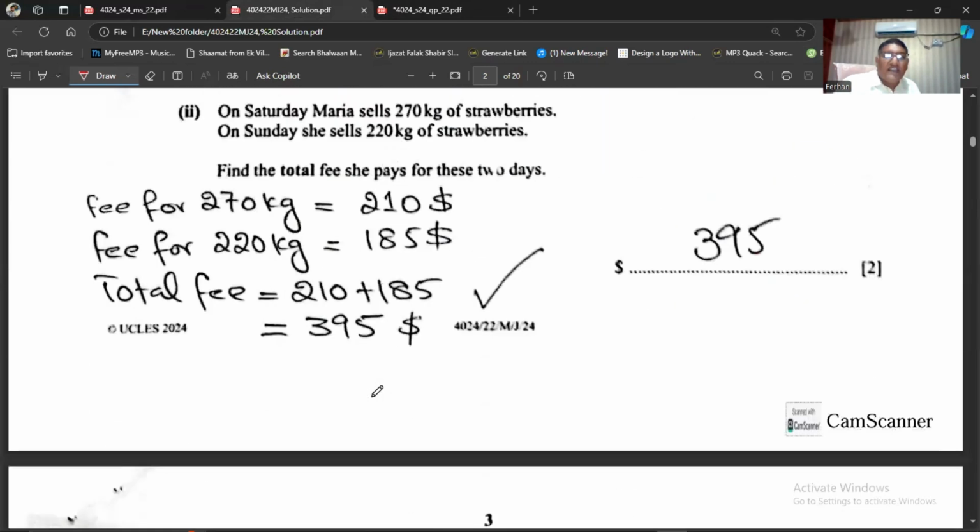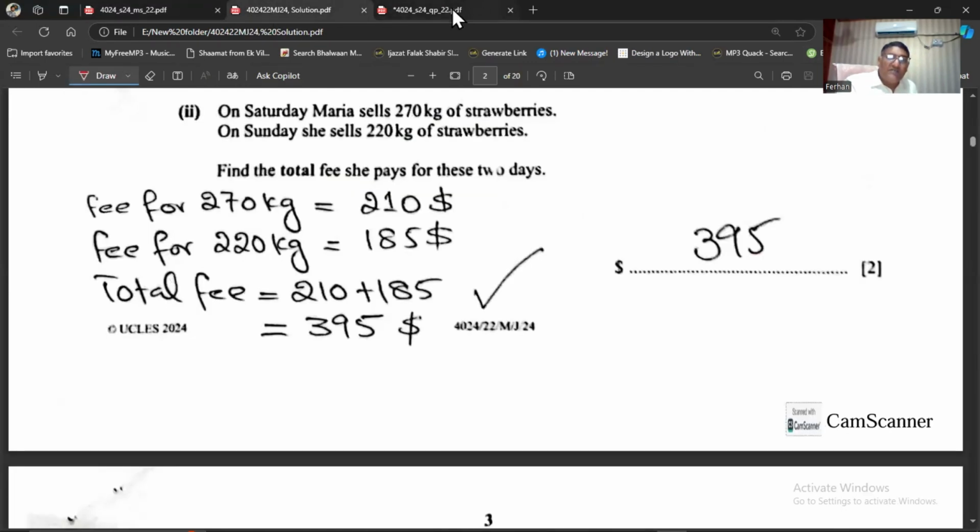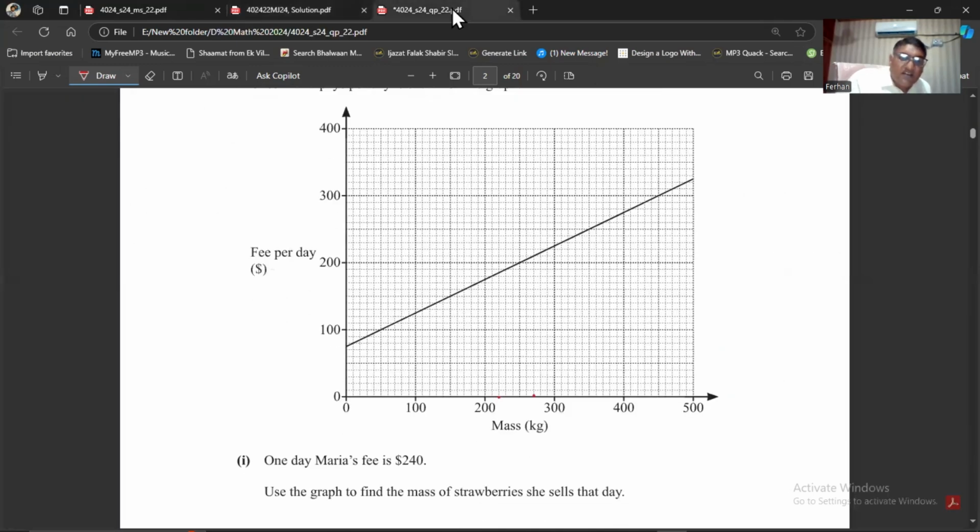So the fee for 270 kg is $210. This answer comes from the graph. And the fee for 220 kg is $185. Then the total fee will be 210 plus 185, and that will be $395. They say the answer is from 388 to 402. $395 is in this range, so our answer is right. This is how this is done with the help of the graph.